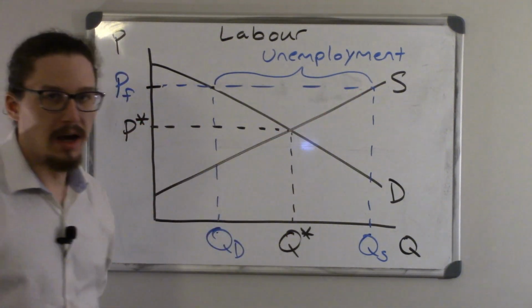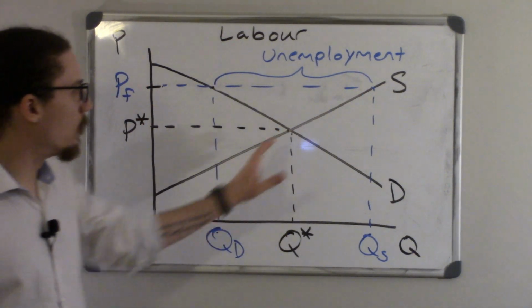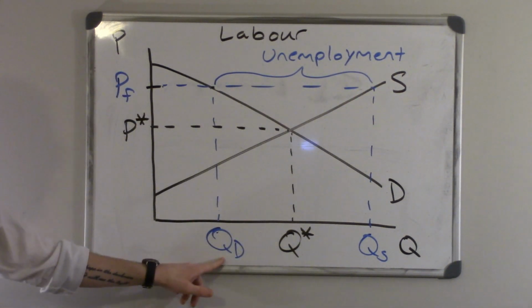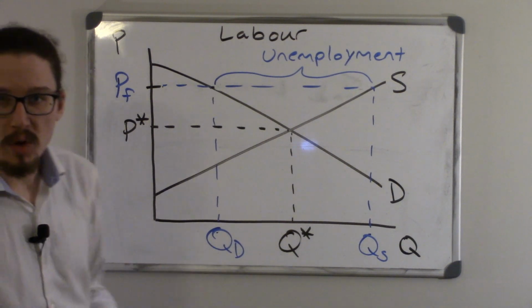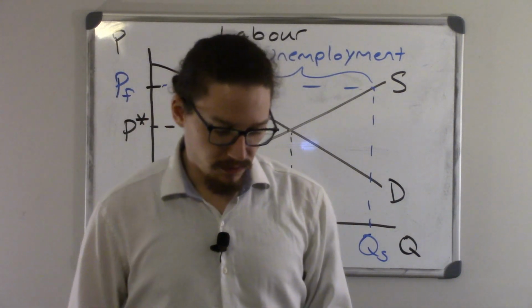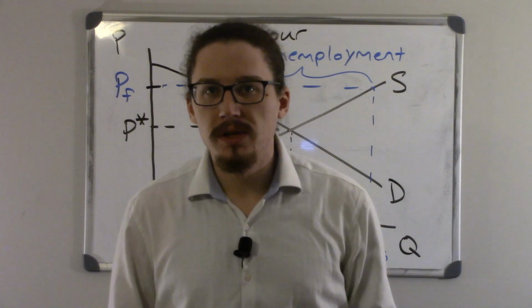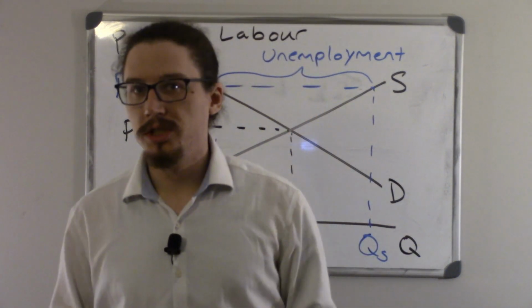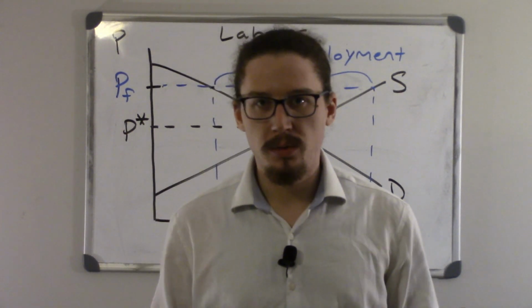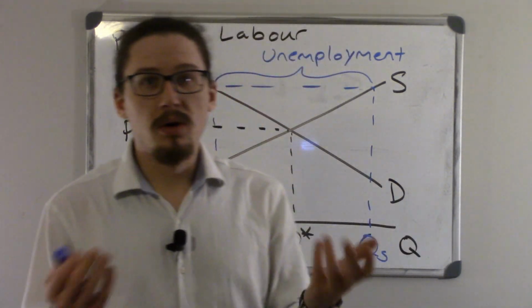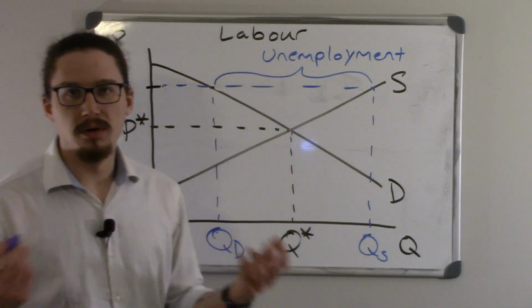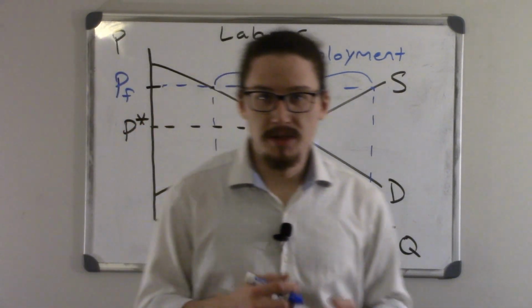It's going to encourage more people than it would have to try to seek a job, but it's also going to reduce the quantity demanded. Probably the big reason is that an employer just can't afford to have as many workers at that price, or might not be able to afford any workers, and might either have to shut down or just start doing everything themselves.